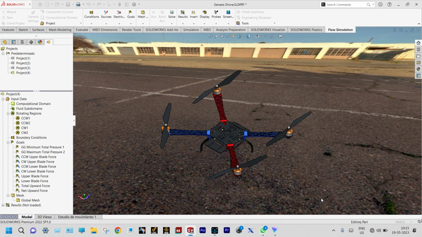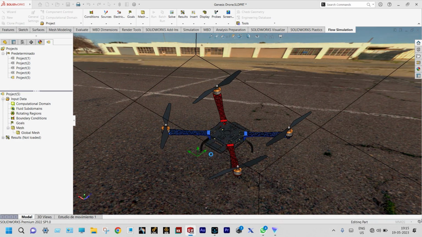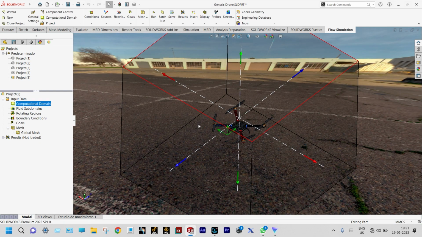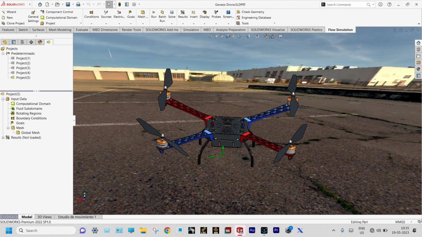Now we can see our computational domain. It is ready. You can see the computational domain is being generated. It is recognizing the fluid domain or fluid volume. So this is the computational domain. We need to reduce the volume of this domain to reduce computational time. We have 4 different propellers or rotors. 2 propellers will be moving in clockwise direction and the other 2 in anti-clockwise direction, to balance the torque.